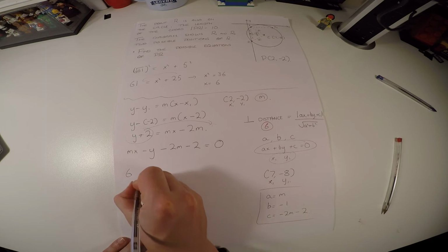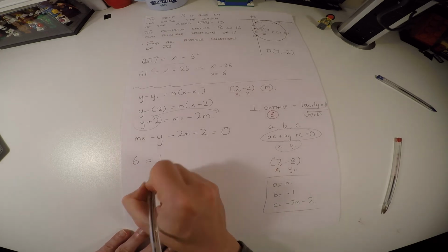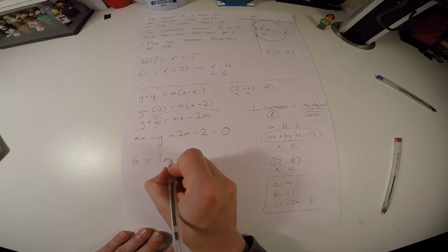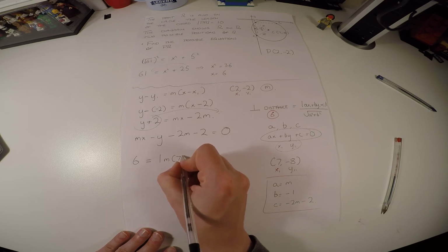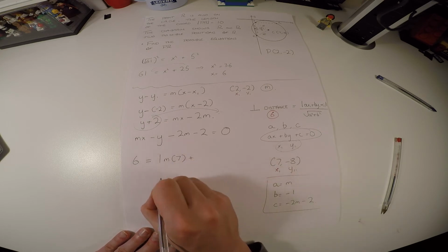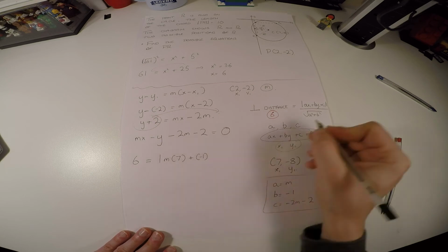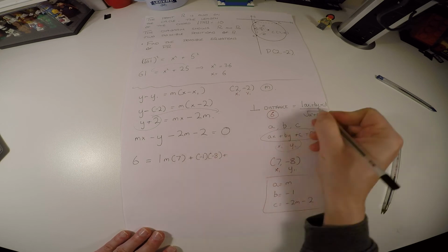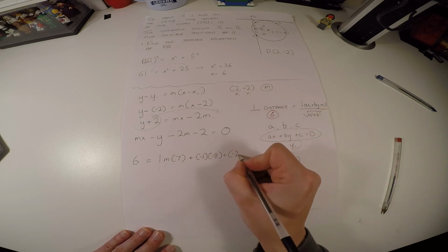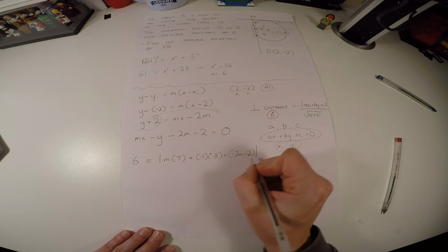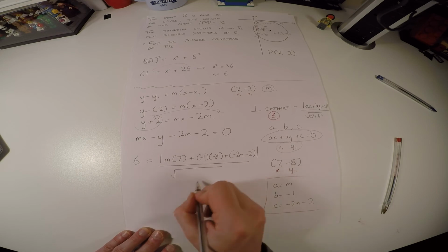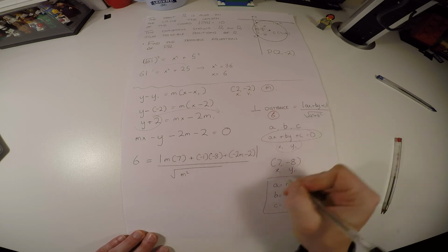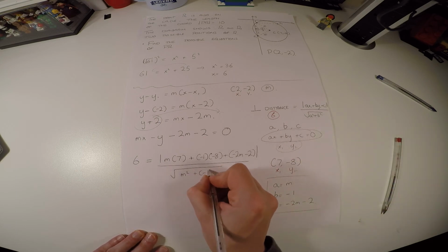So let's say 6 equals, in absolute value brackets, A is going to be m, so we have m times x1, which is 7 for us, plus B, which is -1, times our y1, which is -8 for us, and then plus our C, which is this stuff here, -2m and -2, all over the square root of a squared plus b squared. So a is m, don't forget, and our b squared is (-1) squared, so that's m squared plus (-1) squared.